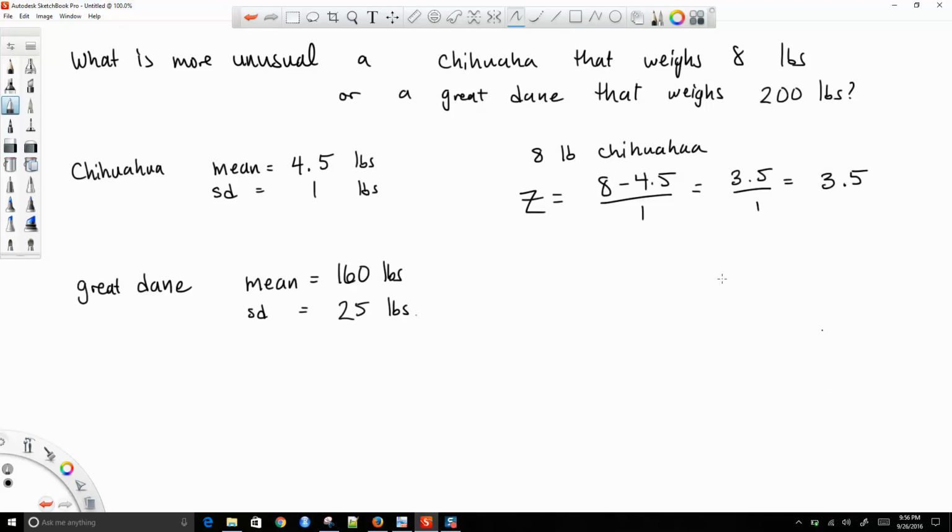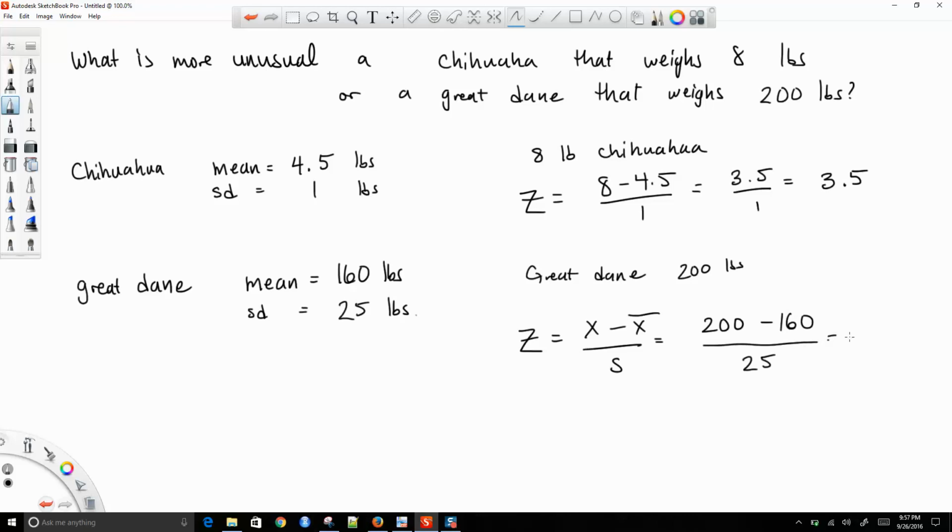As far as the Great Dane goes, we're going to do, again, x minus the mean divided by the standard deviation. This Great Dane weighs 200 pounds, right? So we're going to do 200 minus the mean, 160, divided by the standard deviation s of 25.